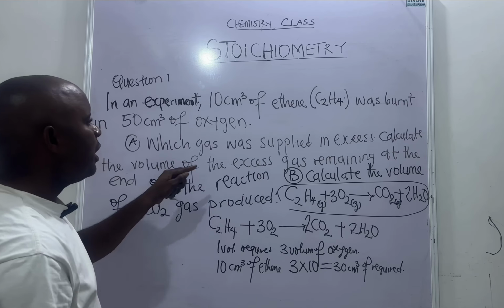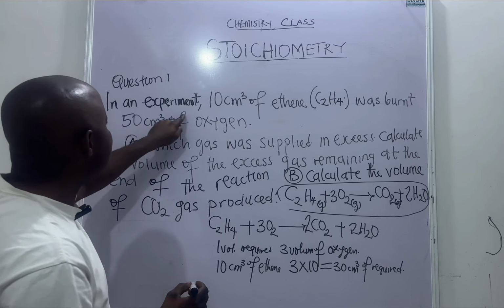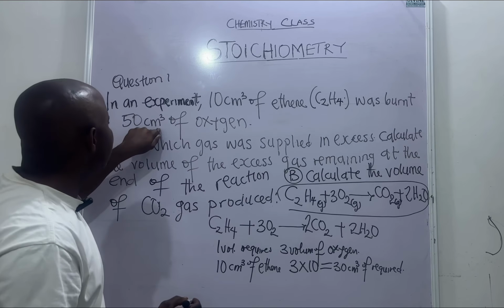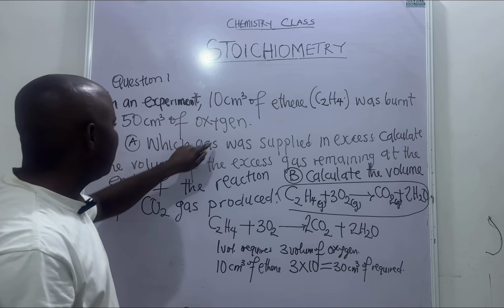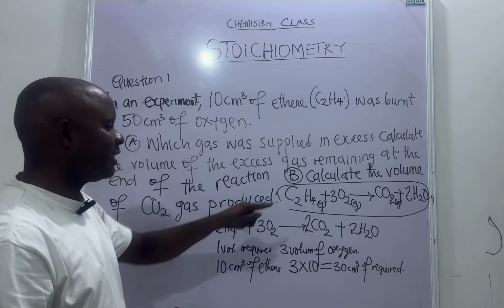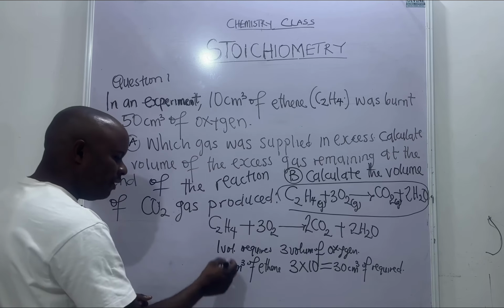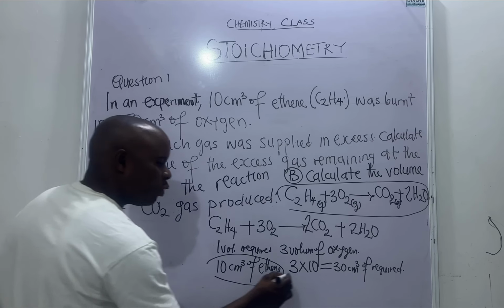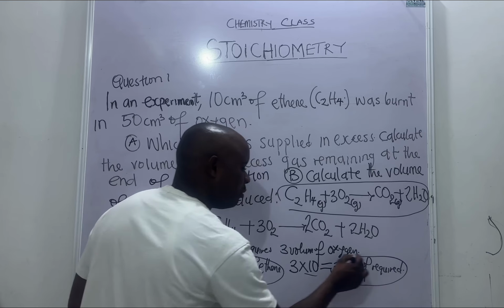So if in an experiment 10 cm³ of ethene was burnt in 50 cm³ of oxygen, which gas was supplied in excess? In this reaction, we only need 30 cm³ of oxygen to react with 10 cm³ of ethene.